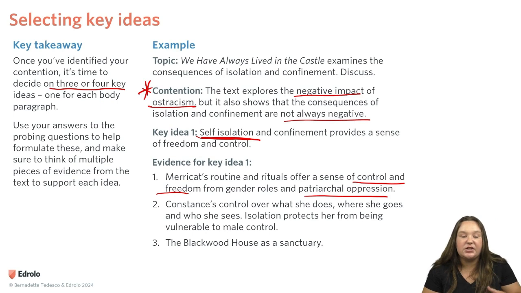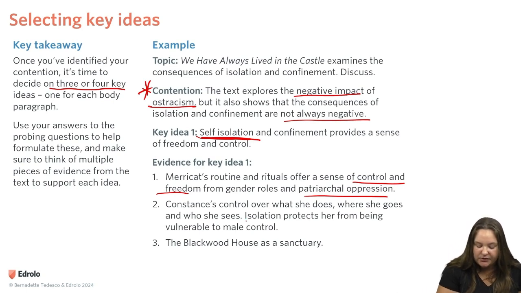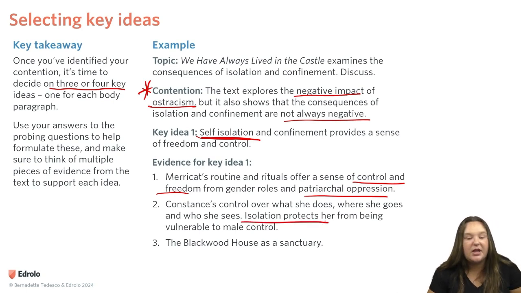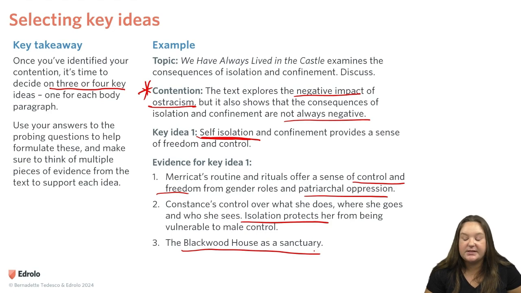So she is in control of who she allows into the house, into her isolated confinement, and it also shows that she has control over whether she's forced to see other people or not. The isolation protects her from being vulnerable to that male control. And the third piece of evidence that I might use to support this idea is that the Blackwood house can be seen as a bit of a sanctuary for the sisters.